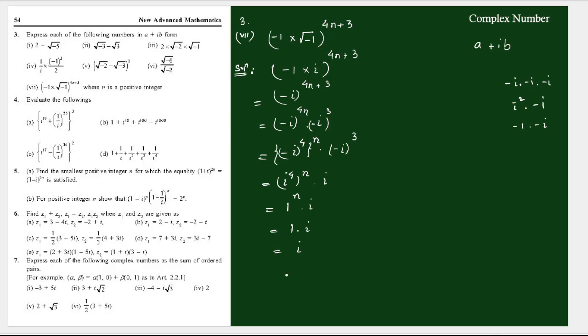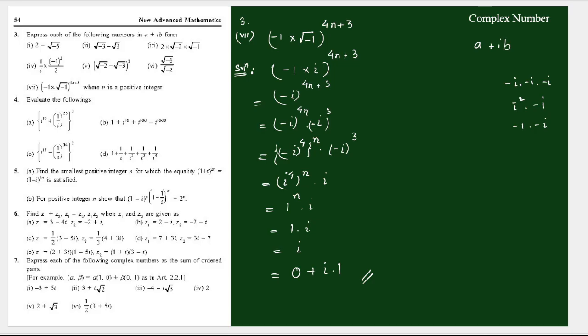Then we need to make it into a plus ib form. We don't have any real number, so 0 plus i, b will be 1. So this is your a plus ib form, and this is your question number 3.